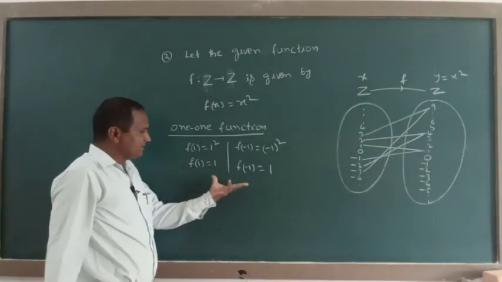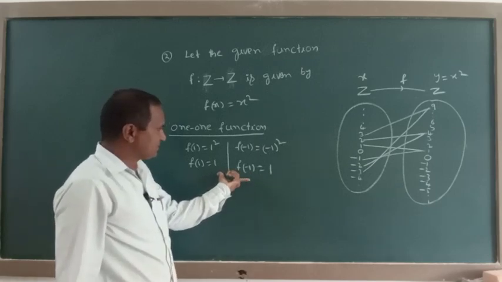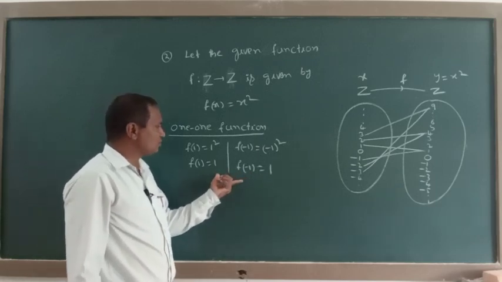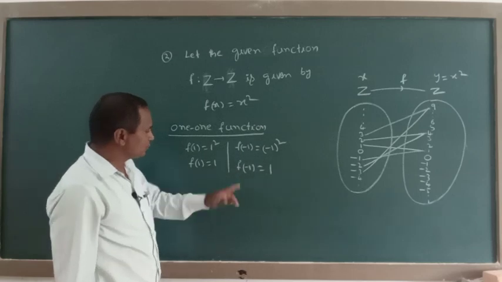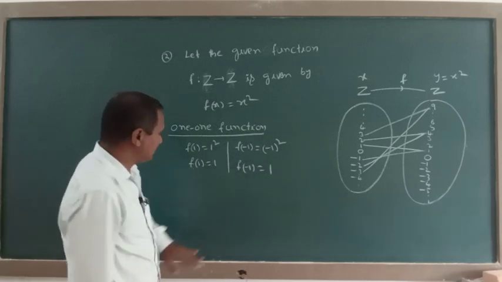That's why, after mentioning any two numbers, 1 and -1, or 2 and -2, or 3 and -3, you should write about these in words like this.